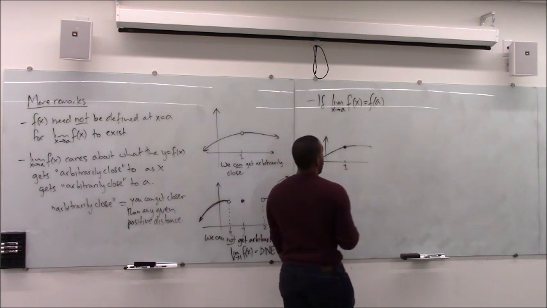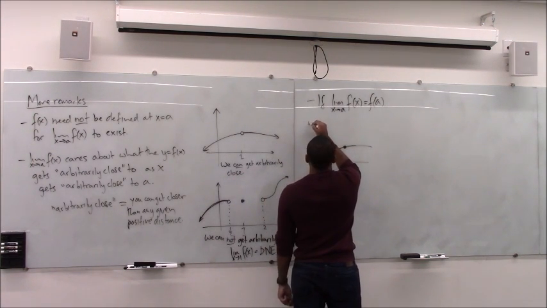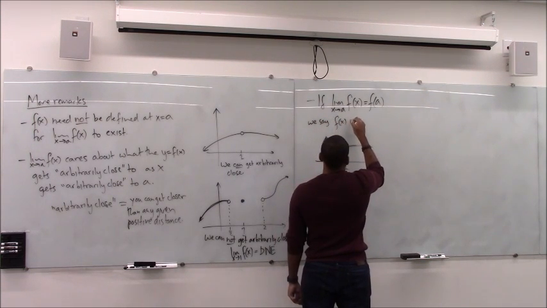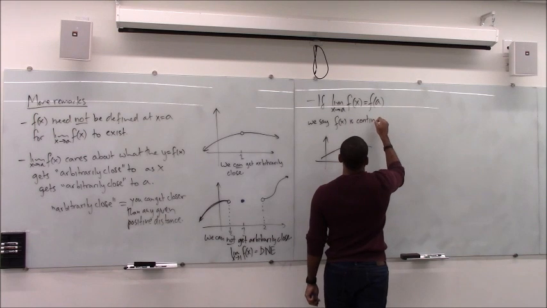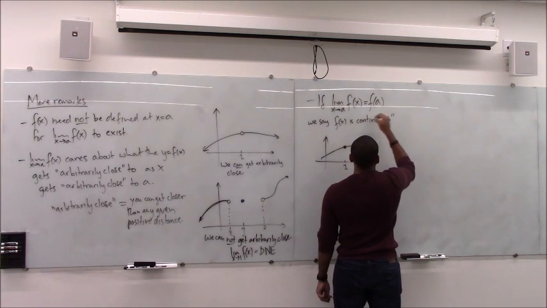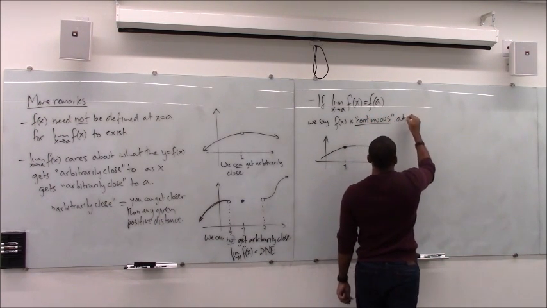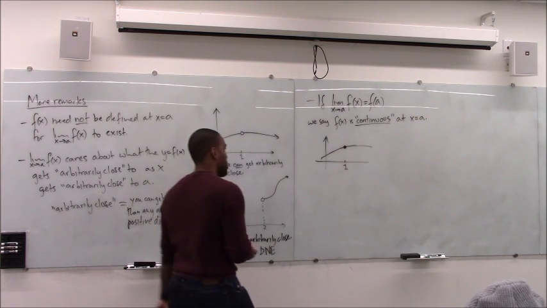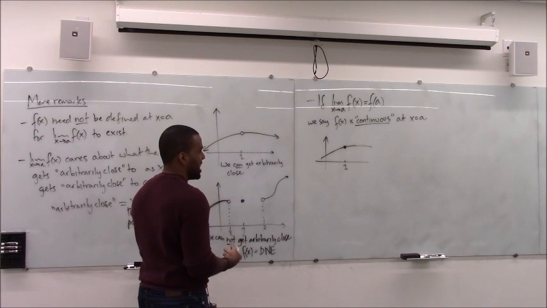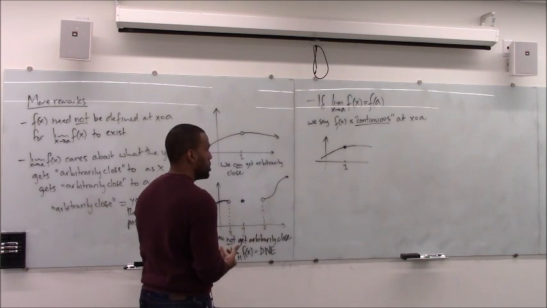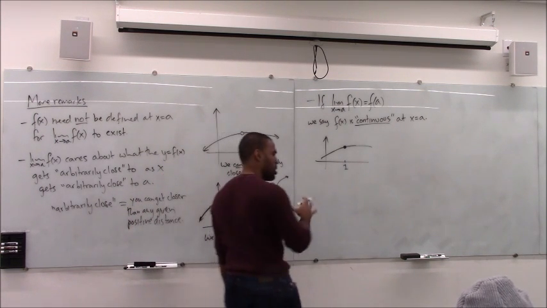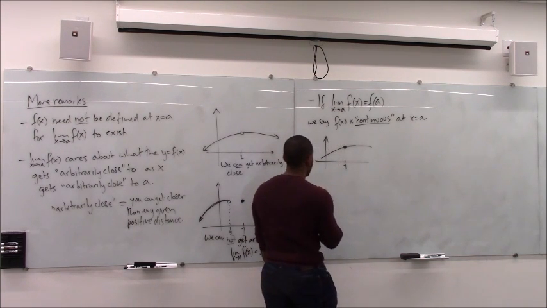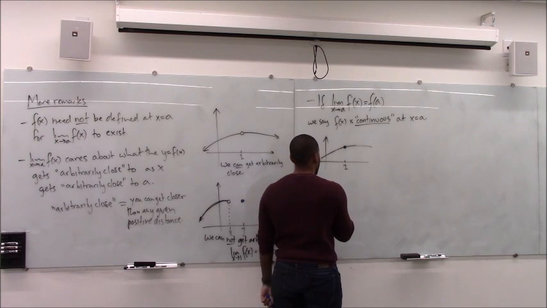Whenever that happens, we say f is continuous at x equals a. So if I can get close to that point, the limit exists, and it's actually equal to what the function is, we say the function is continuous. We'll talk more about that soon, but that's just a phrase I want to use a little bit later, so I'm going to tell you guys what that is.